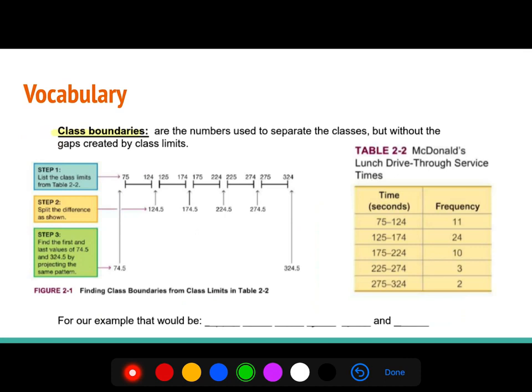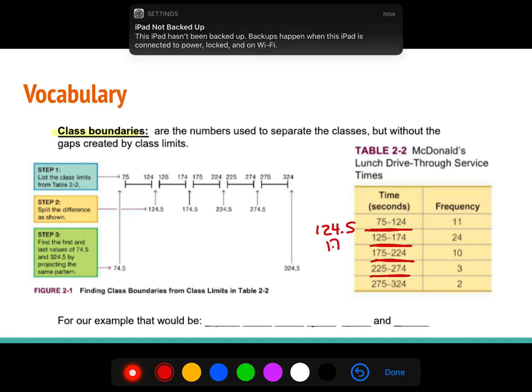Now let's get into a little harder term, class boundary. A class boundary is the number that's used to separate the classes, but without the gaps created by the class limits. So we're going to go in between each class, here, here, here, and here.